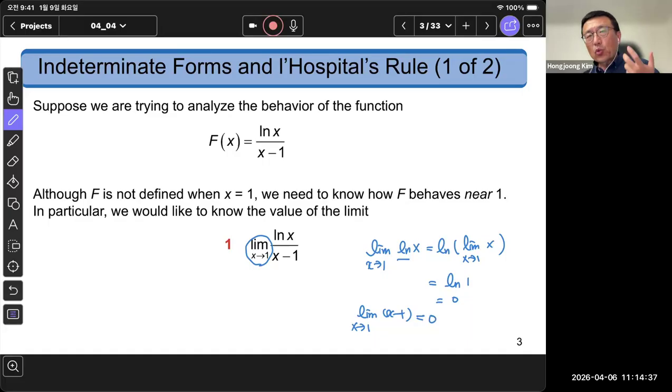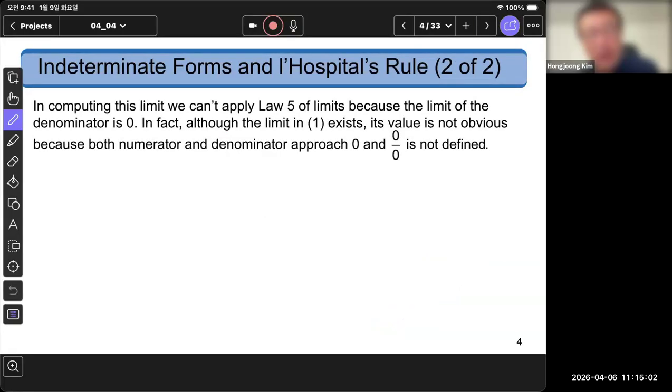So if I have just one of the numerator or denominator, the problem is simple. The problem is complicated because if I have log x over x minus 1, the numerator is going to 0 and the denominator is going to 0. So I don't know the answer. So in that case, we can use L'Hopital's rule.